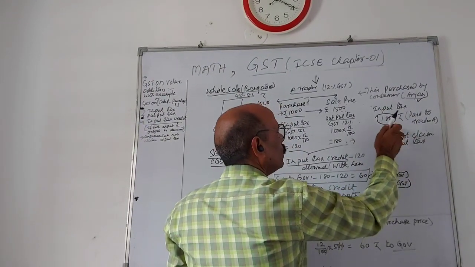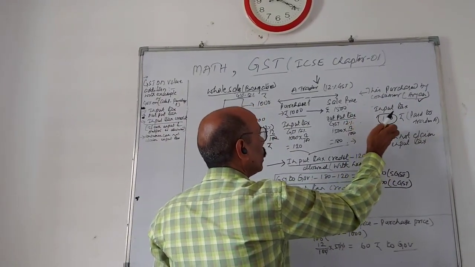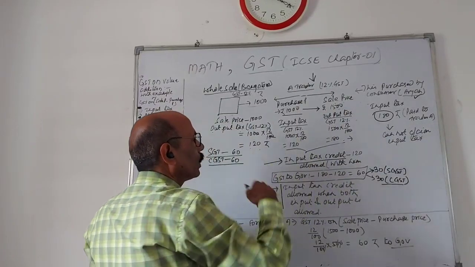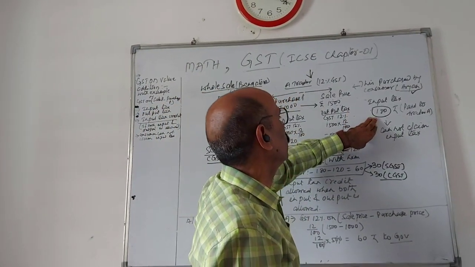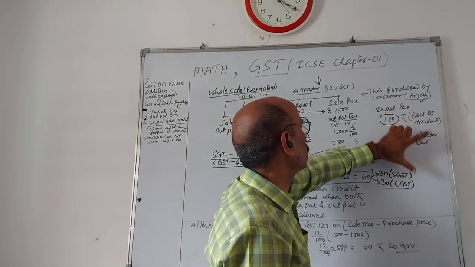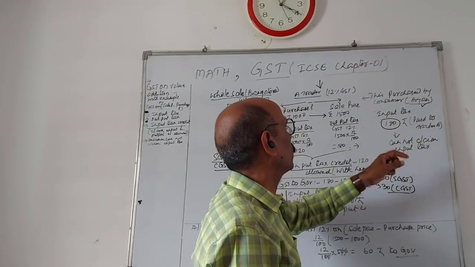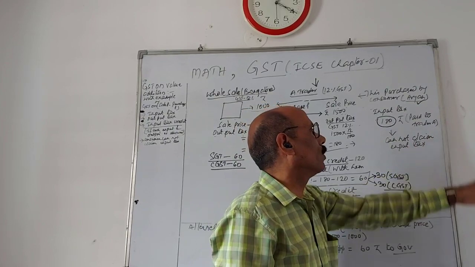This he has to pay, and there is no option to credit it to himself. Means finally he has paid and it is not recovered. Why not recovered? Because in this case only purchasing is there, selling is not there.